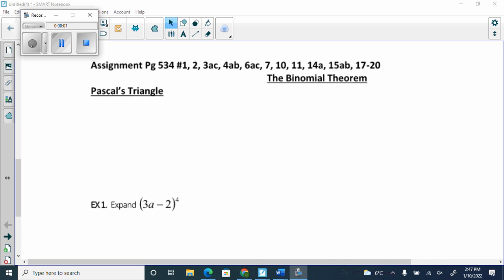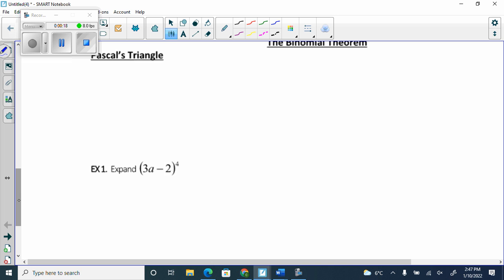So example 1 at the bottom here asks us to expand (3a minus 2) to the 4, which is a joy, if you haven't noticed. So (3a minus 2) to the 4, what it is not is 3a to the 4 minus 2 to the 4. (3a minus 2) to the 4 is actually (3a minus 2) times (3a minus 2) times (3a minus 2) times (3a minus 2).